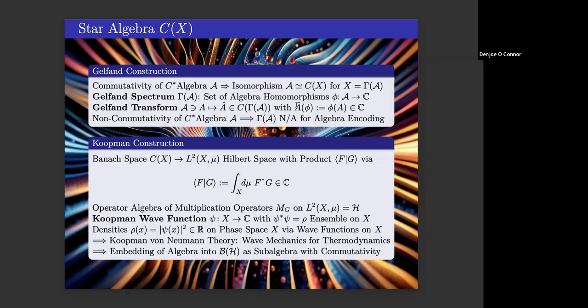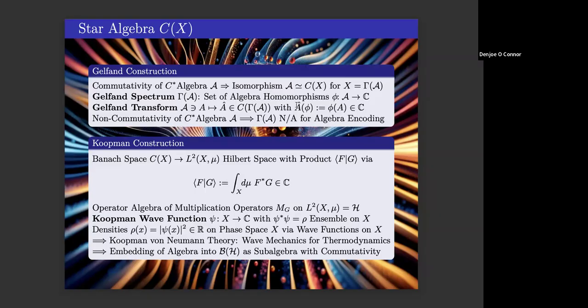If you look at densities on your phase space, rho, probability distributions, and you now introduce a Koopman wave function where the modulus square is exactly this density. So you get those densities on phase space, and the square root of it is your Koopman wave function.